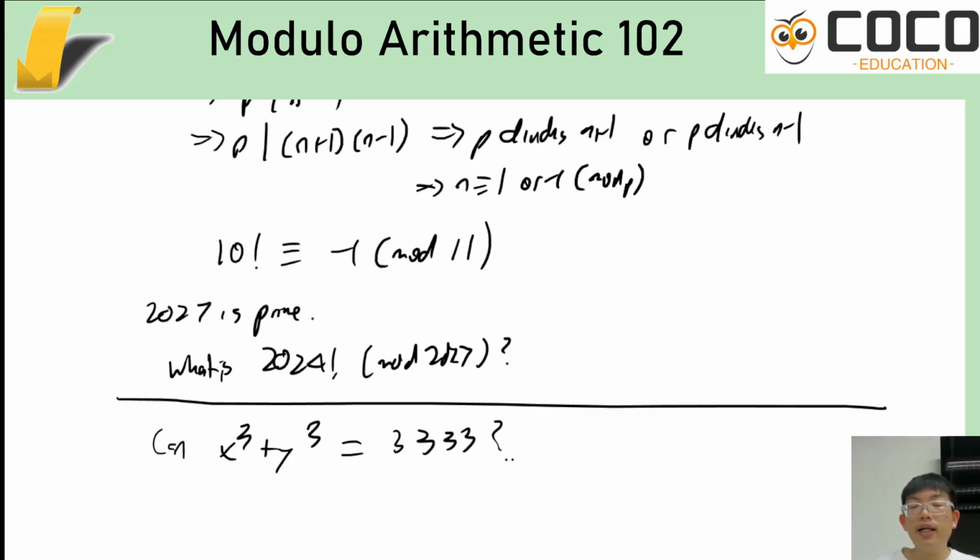Questions like this are what we will be able to answer if we use modular arithmetic as a filter and as a test. So that is what will come next.